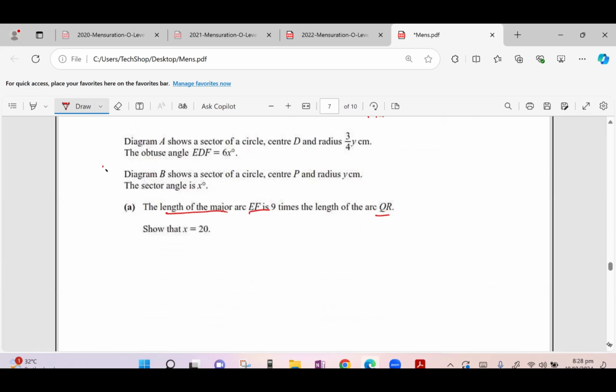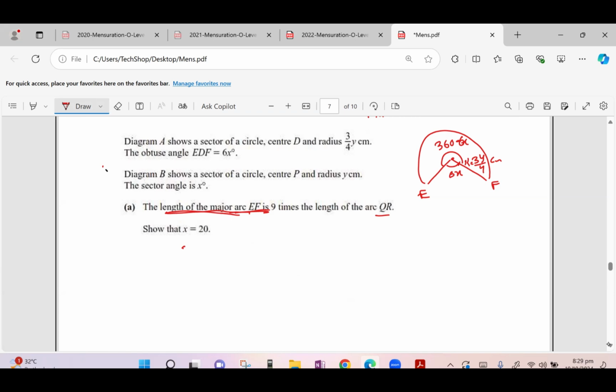Length of major arc means, I'm going to copy the diagram here for your better understanding. This was EF. The angle here is 360 minus 6x, and the radius is 3y upon 4 centimeter. So the length of the major arc EF is 9 times the length of arc QR. Use the formula. What is the arc length? The formula of arc length is theta over 360, or x over 360.